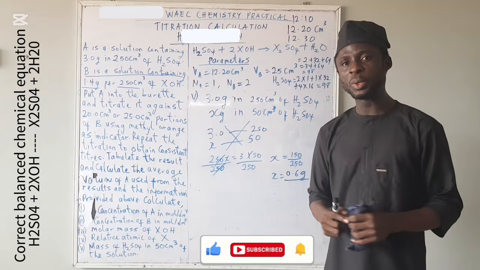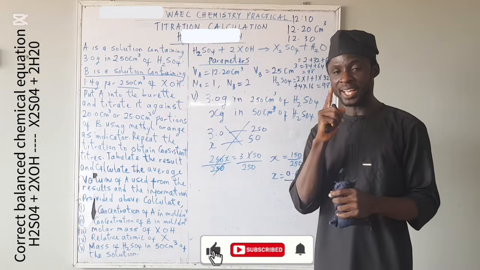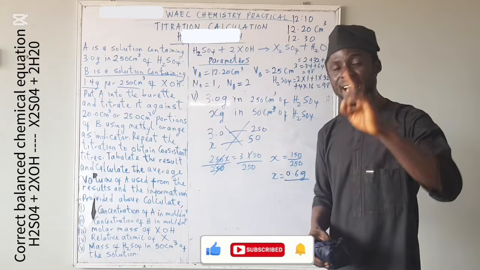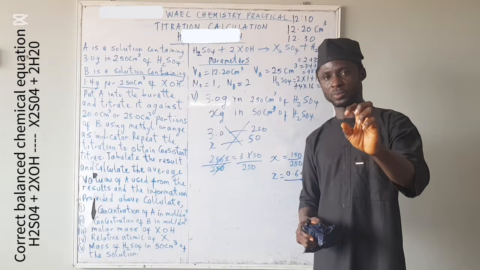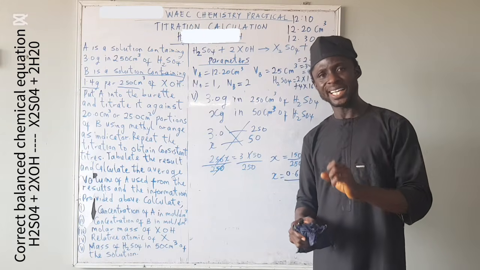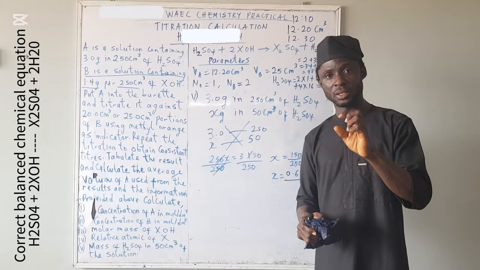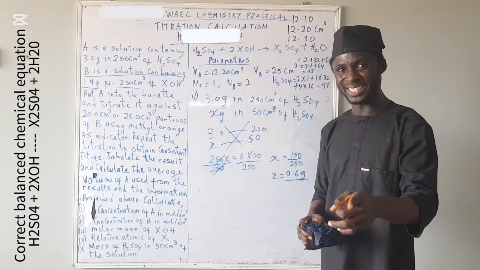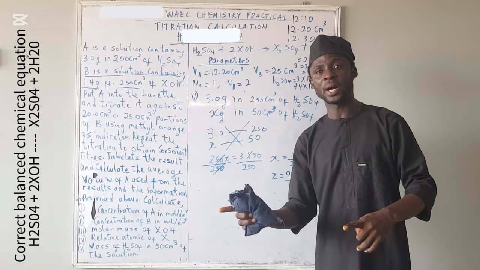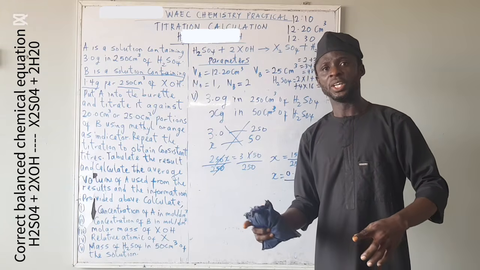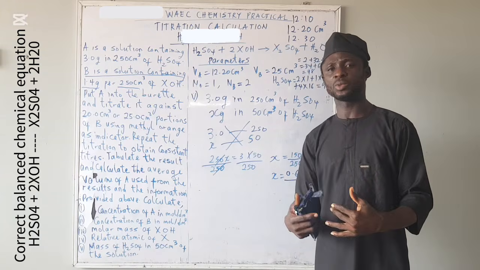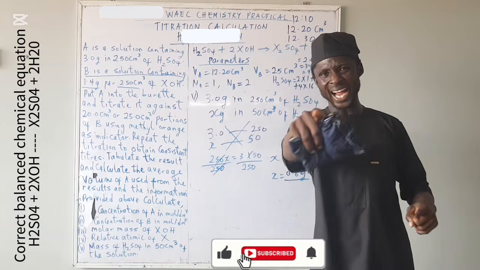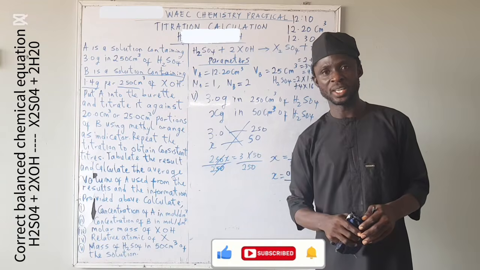And don't forget the skill that I taught you to get your average theta value. Pick your average theta value, then do minus 0.1 for it and plus 0.1 to that theta value. If you add those theta values together and divide by 3, you are going to get the actual theta value that you want.